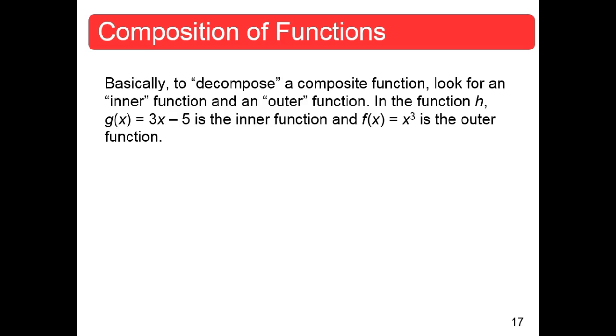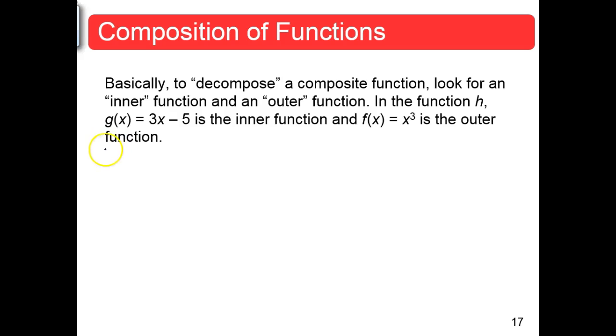And the outer function. If the inner function is 3x minus 5, the outer function was the cubic function, and then you can write h of x. They skipped right over that. So let's decompose a composite function here. And guess what? There may be more than one way to do it.